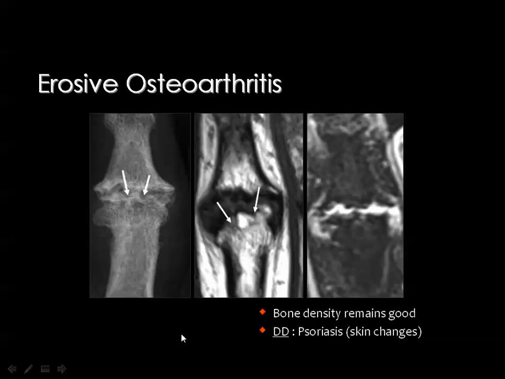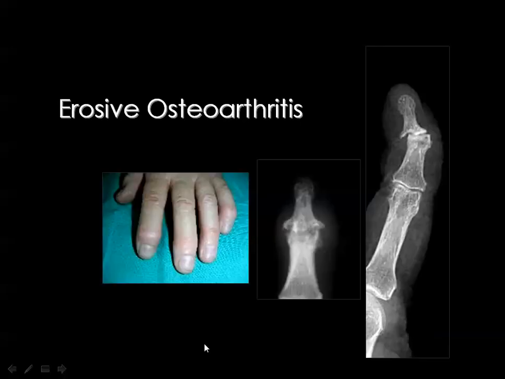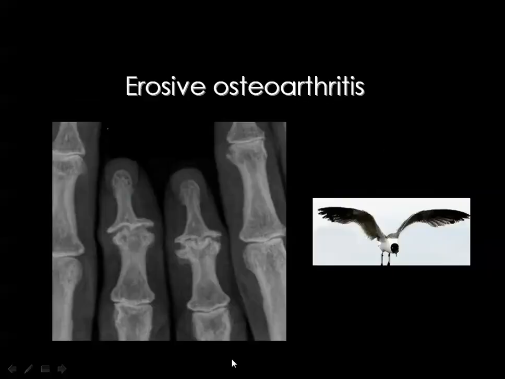Also here you can see by plain X-ray and by MRI what we call the microfractures and the subarticular pseudocystic changes. You can see the changes in the plain film and also in the T1 and T2 weighted images by MRI. And this is also an example of the erosive osteoarthritis of the distal interphalangeal joint, and you can see some kind of subluxation of the affected joint.